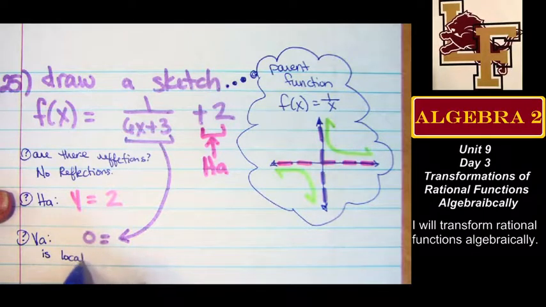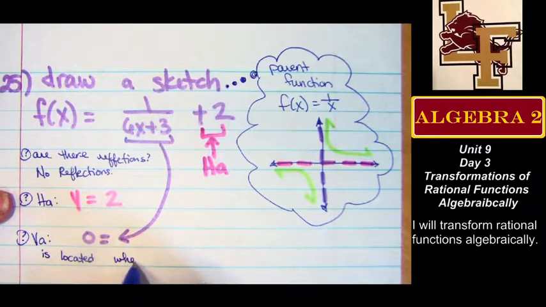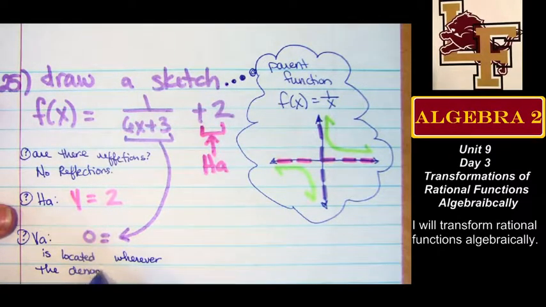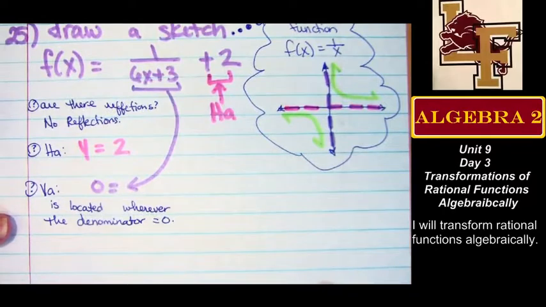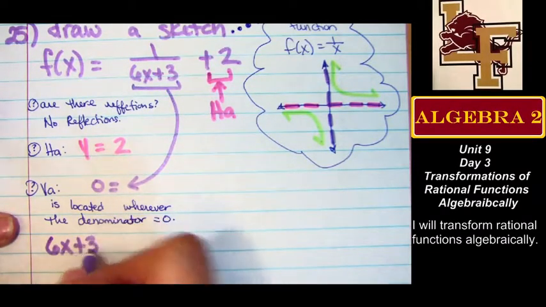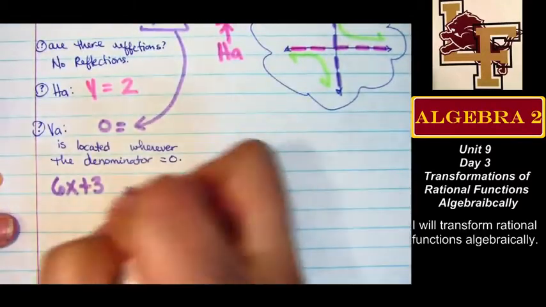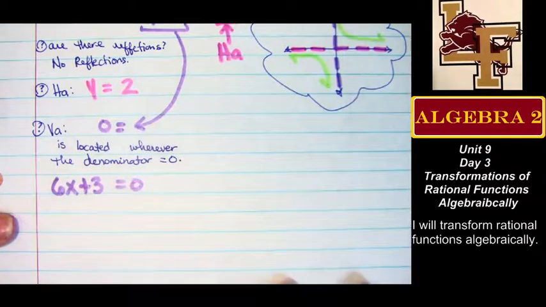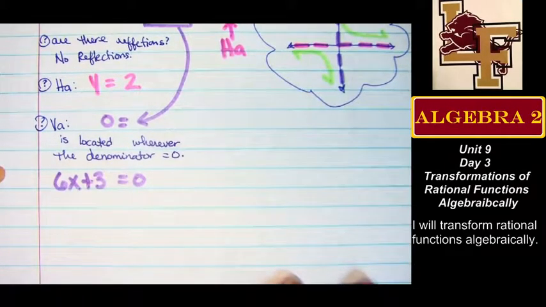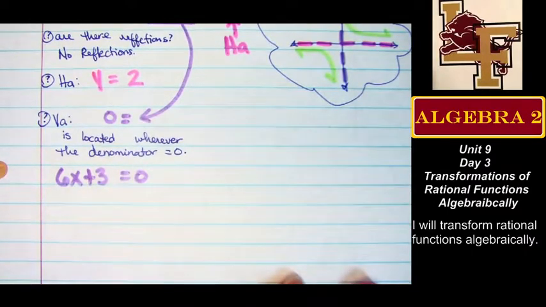The vertical asymptote is located wherever the denominator equals 0. So let's go figure out where that is. Here's the denominator. Equals 0. Okay, let's solve that for x, and we'll figure out what value of x makes the denominator 0, and that's the location of our vertical asymptote.